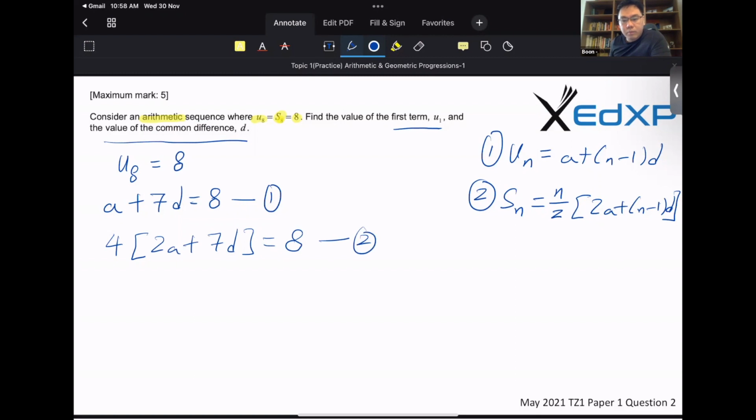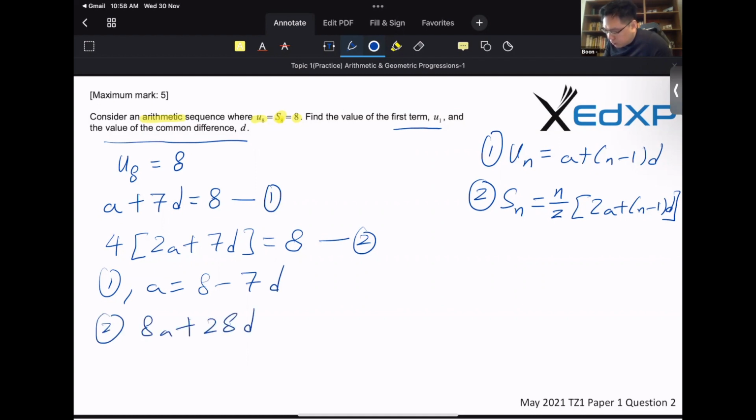We can proceed in paper 1 to quickly solve without a calculator. We can either do it by substitution or elimination. So let's quickly do this one. From equation 1, we can see that a is equal to 8 minus 7d, okay? And from equation 2, 8a plus 28d is equal to 8.